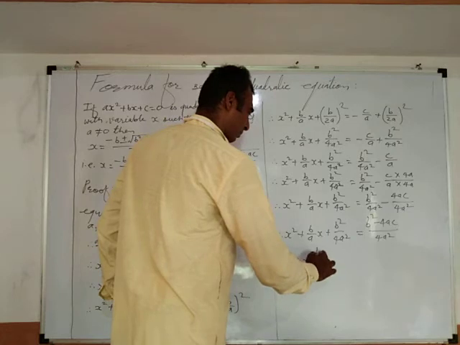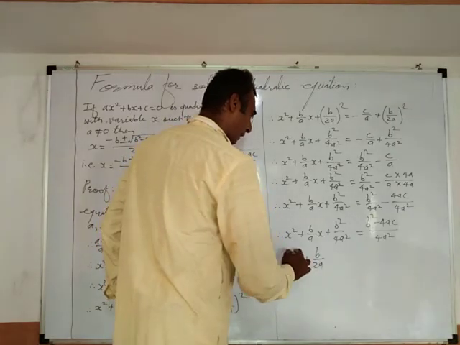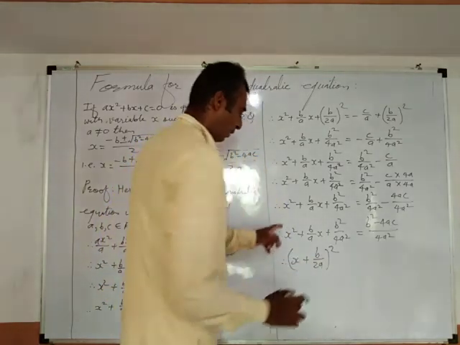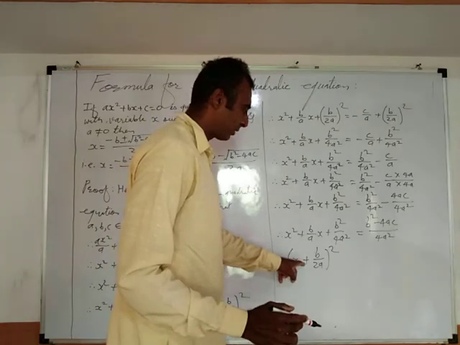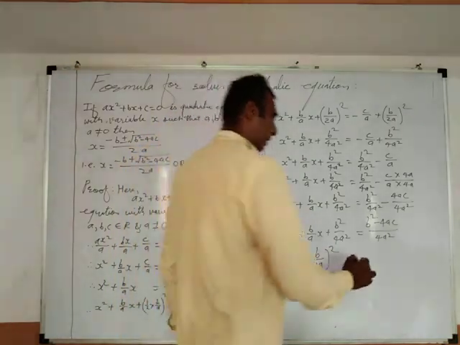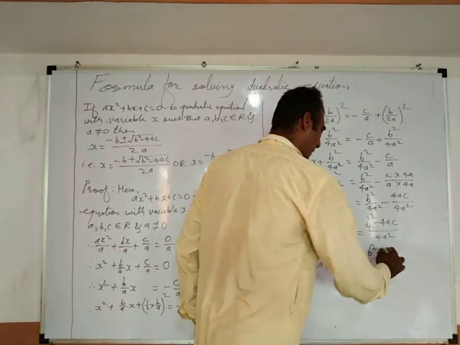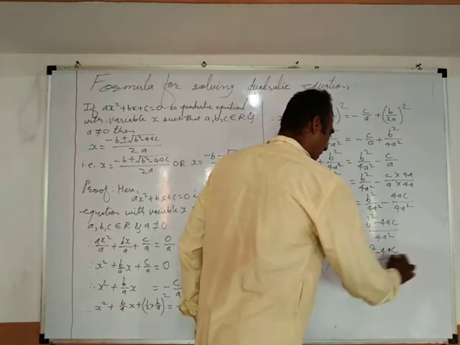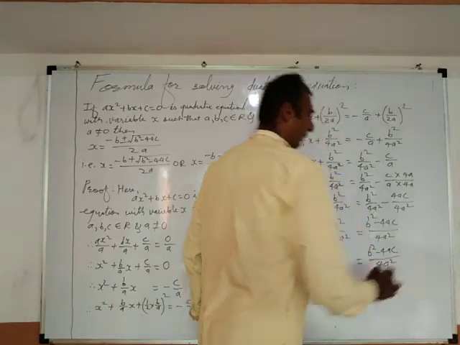x plus b upon 2a, its square: root of the first term, sign of the second term, and root of the third term, its square. And the right side is b square minus 4ac upon 4a square.